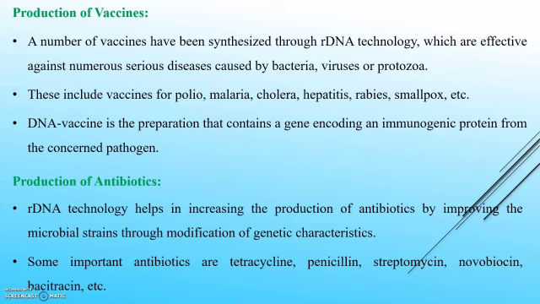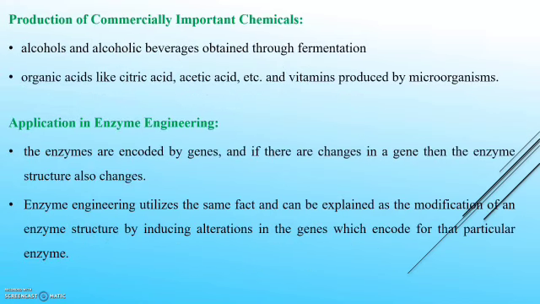And production of antibiotics. Antibiotics produced by microorganisms are very effective against different viral or bacterial diseases. Some important antibiotics are tetracycline, penicillin, streptomycin, and novobiocin, etc. Recombinant DNA technology helps in increasing the production of antibiotics by improving the microbial strains through modification of genetic characteristics.